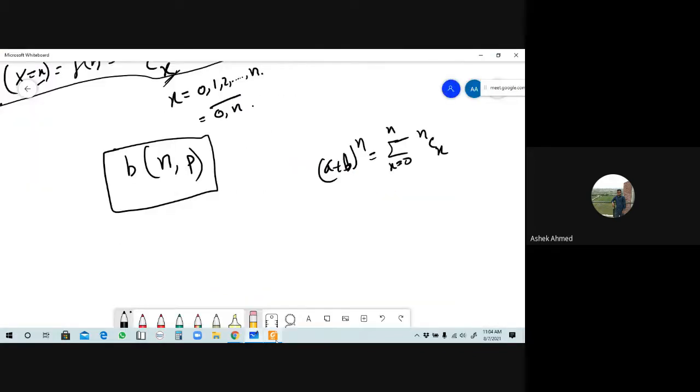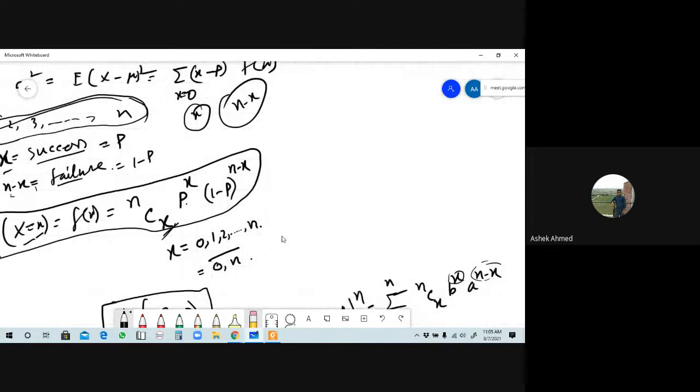You can also say that this is b to the power x into a to the power n minus x. But you have to remember that the sum of the powers is n. Look at the binomial triangle: the sum of both powers, x plus n minus x, is n. So n represents here the total number of trials.